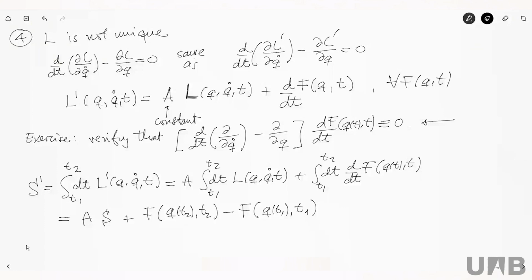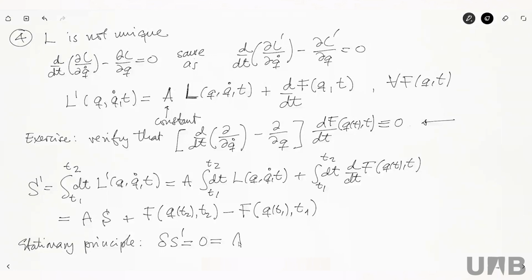So now, the stationary principle says, make the variation of S prime and equate that to 0. That's what it says. You're going to get the right Euler-Lagrange equations from this condition.